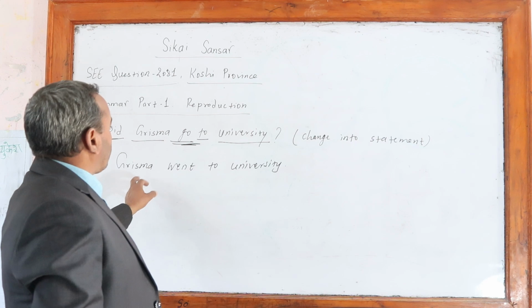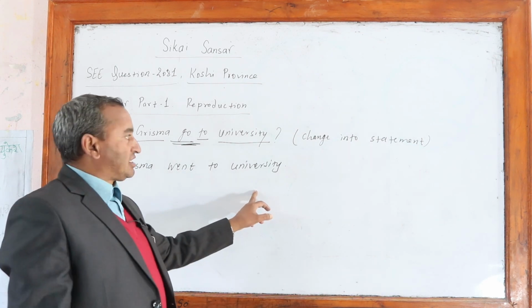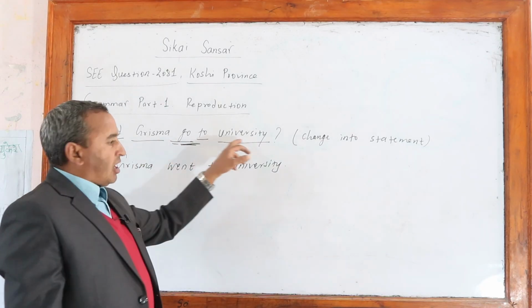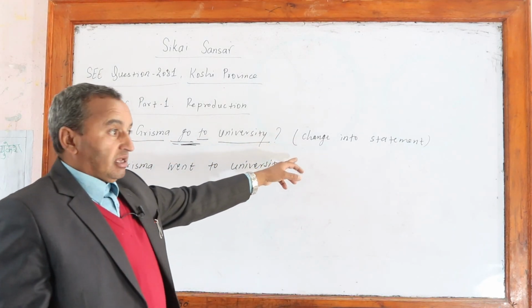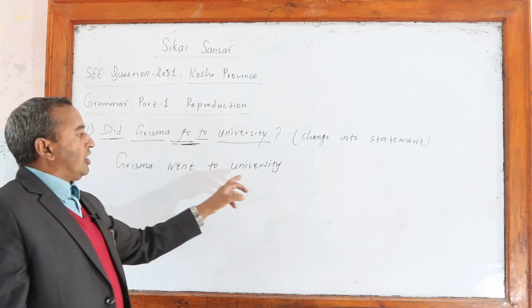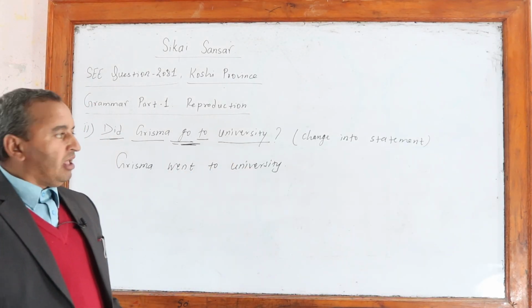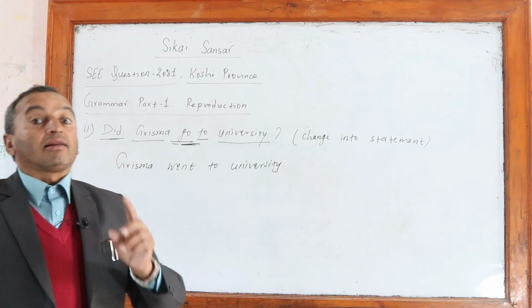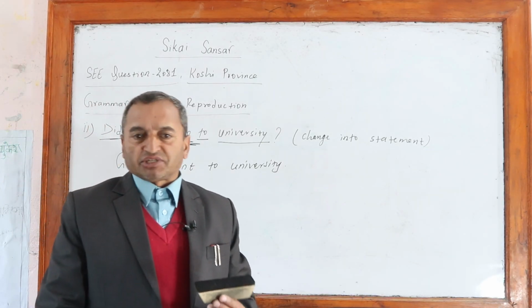Look there, Grishma went to university. The yes/no question was, did Grishma go to university? Now we have changed it to, Grishma went to university. It was given in the question, but let's look at other examples as well.